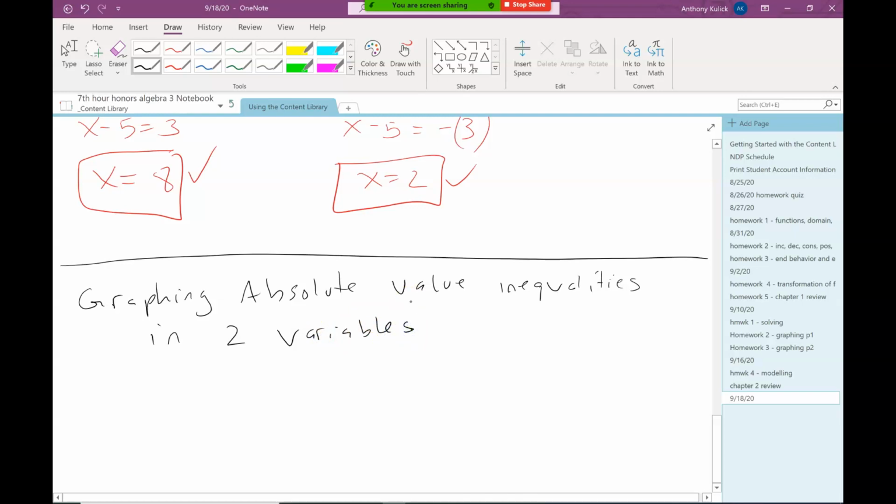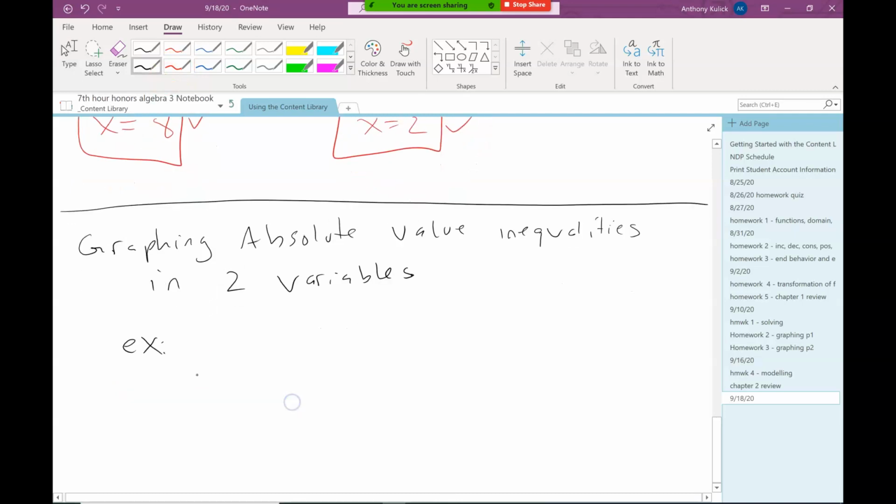So the first topic we'll talk about is graphing absolute value inequalities in 2 variables. What that means is we're just going to be graphing things like y is less than negative 2 times the absolute value of x plus 1, minus 3. It's something like this.